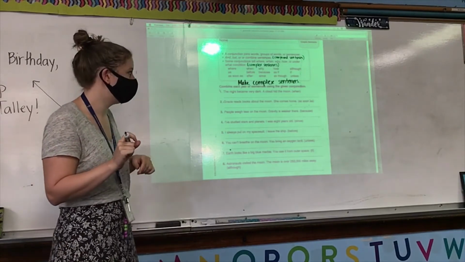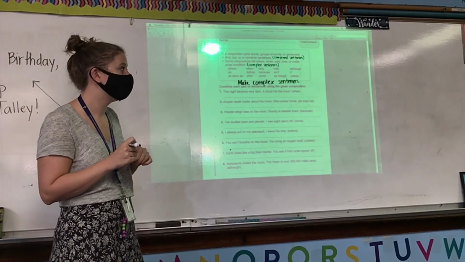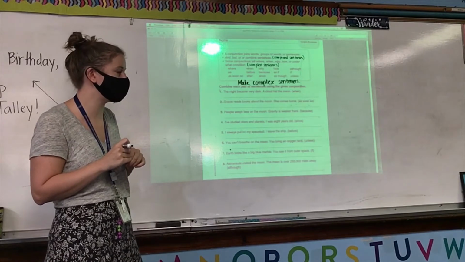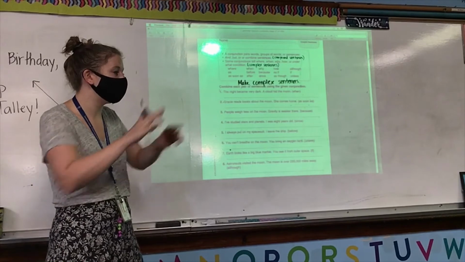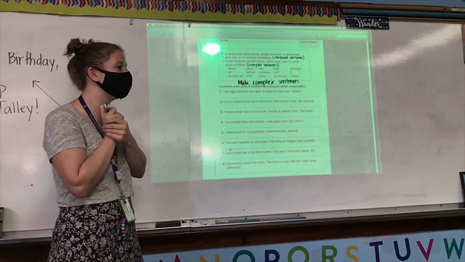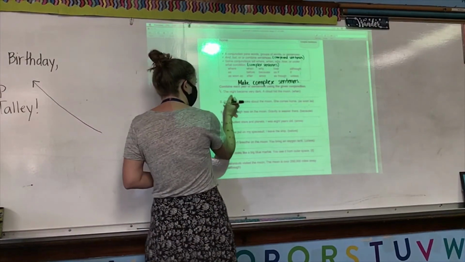Zadie? When a cloud hit the moon, the night became very dark. Awesome! Which clause did you do first? The independent or the dependent? Dependent, good.